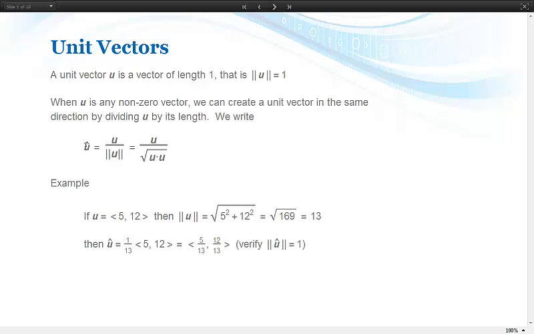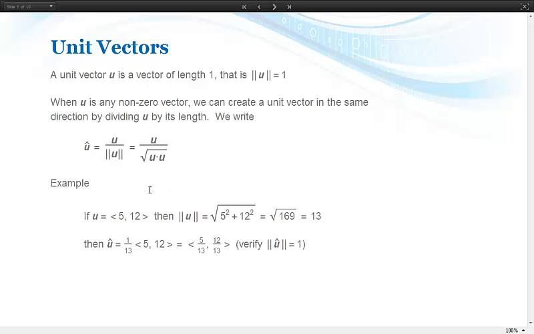The symbol we use for a unit vector is u hat, with a caret over it, and we create it as the original vector divided by its length, or the original vector divided by the square root of the dot product of the vector with itself.